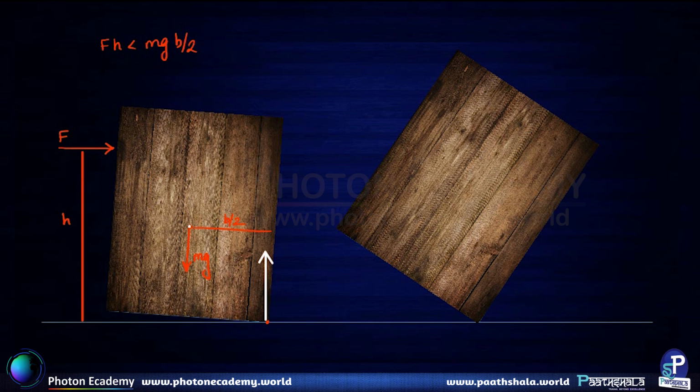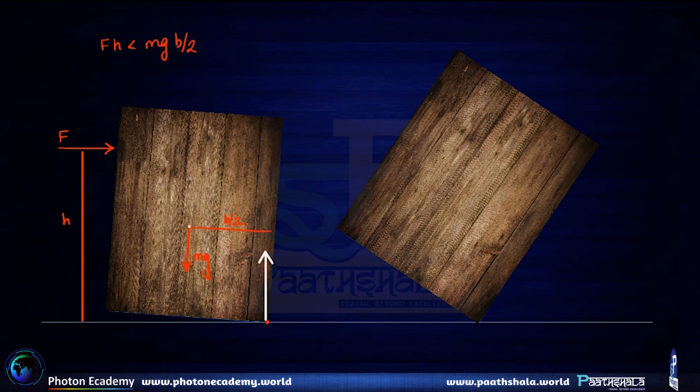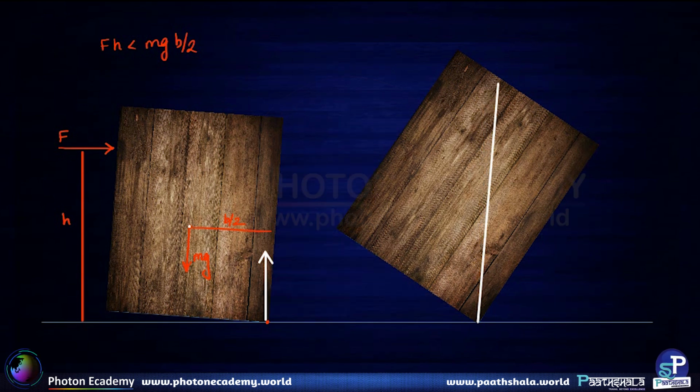Now let us say the force F is just sufficient to topple the object. Then at the critical instant of toppling, and this is a very important observation, the center of mass of the object is going to be directly above the point of contact. So as the object is just toppling and falling down, this is the point of contact and this is the line that goes directly above it.